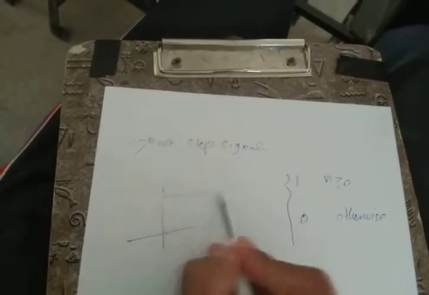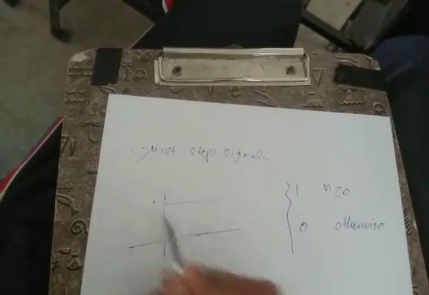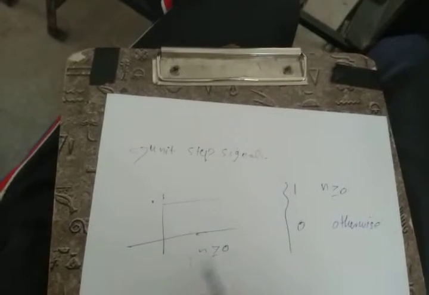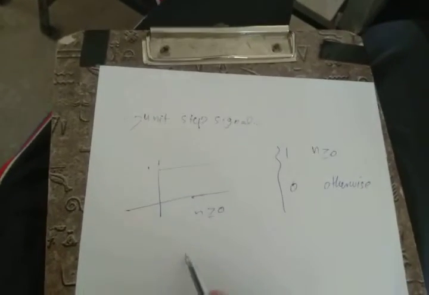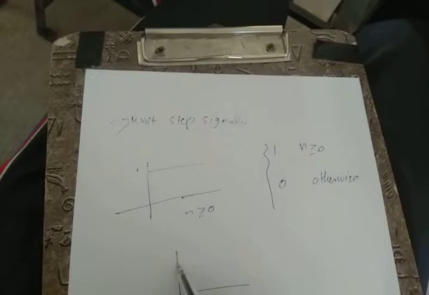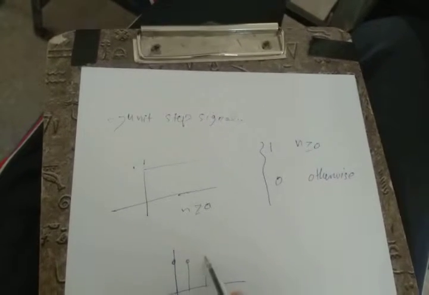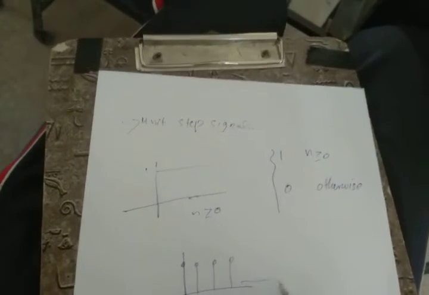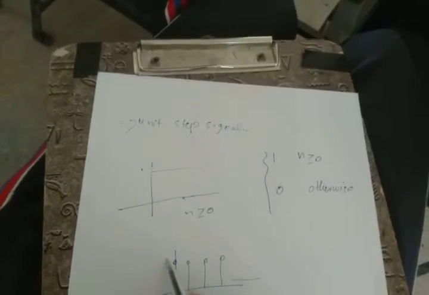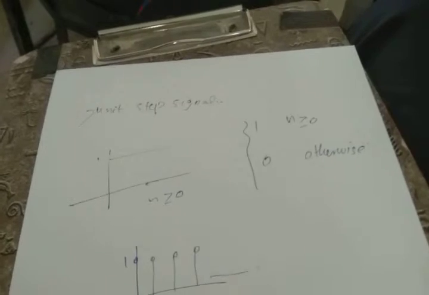In the continuous time domain, we get the signal as 1 for n greater than or equal to 0. And in the discrete time, we get the values 1, 1, 1, and so on. This is our unit step signal.